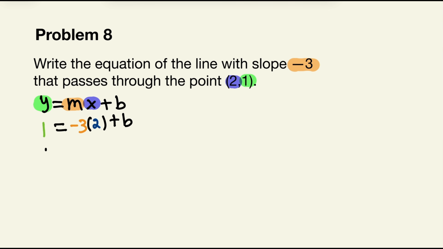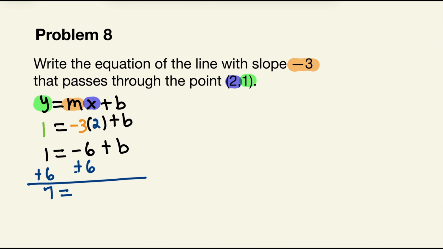And so we have 1 equals -3 times 2, which is -6, plus b. Solving for b, all we have to do is add 6 to both sides. And we see here that 7 equals b, or b equals 7.